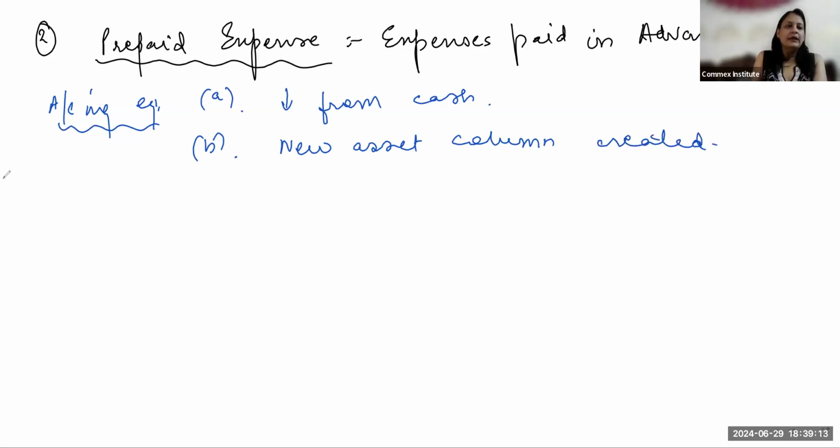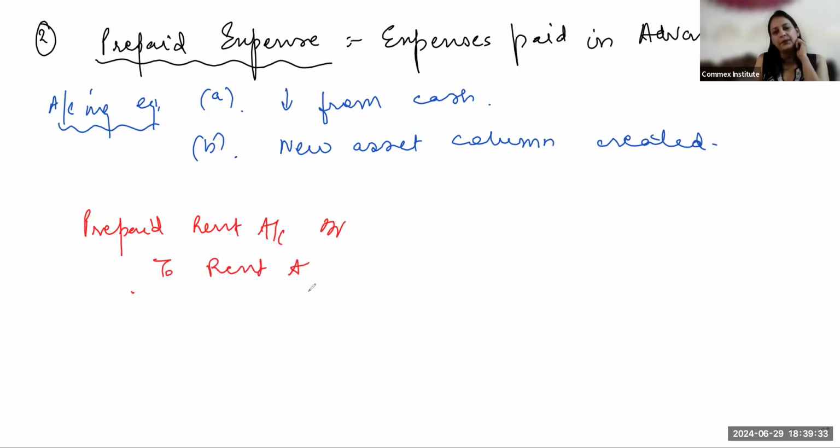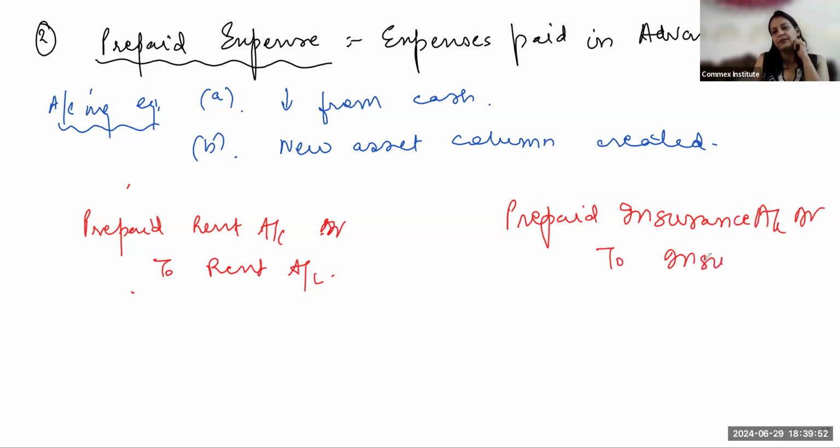And the entry would be the journal entry. Yes, Sukriti, what would be the journal entry? If it is prepaid rent, it'll be prepaid rent account debited to rent account. If it is prepaid insurance, it'll be prepaid insurance account debit to insurance.